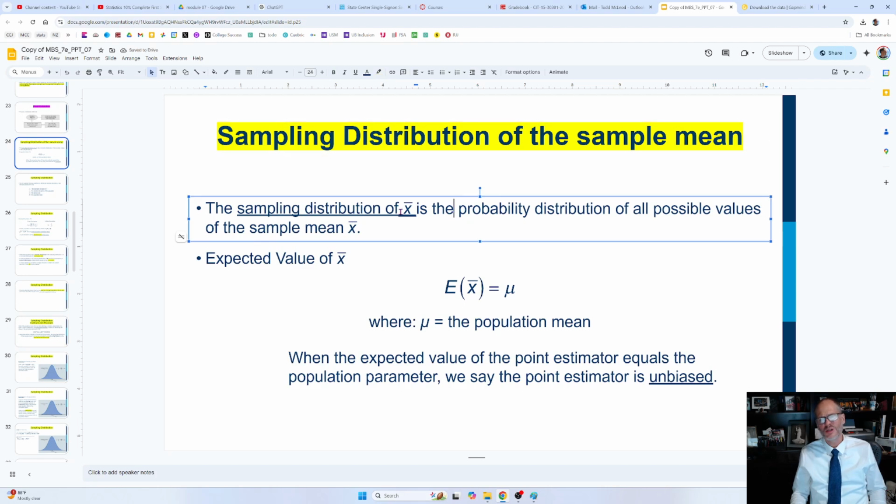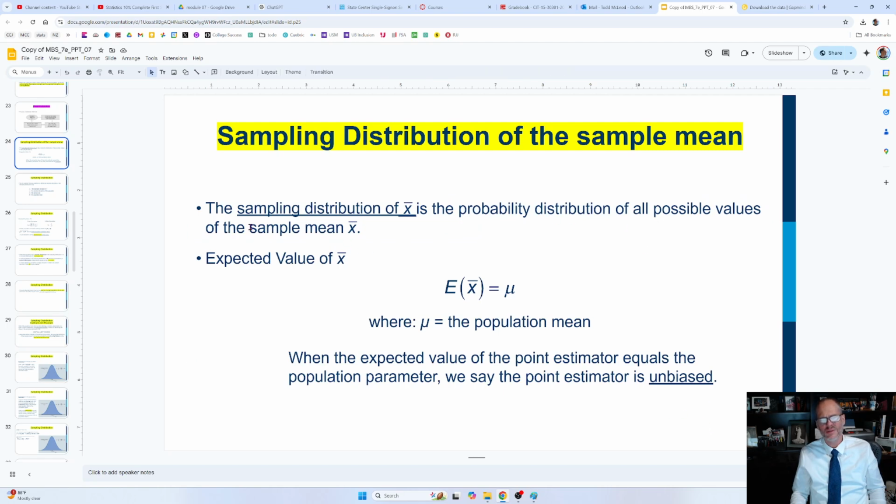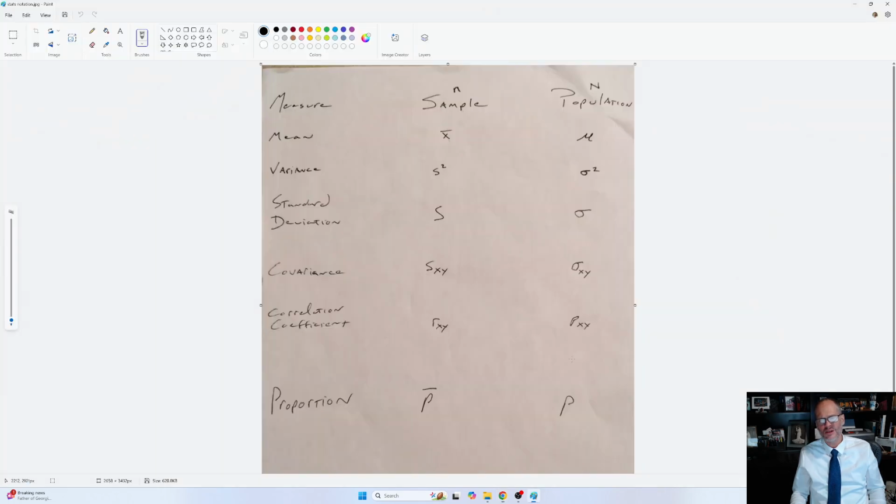The sampling distribution of the sample mean is the probability distribution, and it's going to be normally distributed if it's coming from data that's normally distributed. So it's the probability distribution of all possible values of the sample mean x bar. And the expected value of the sample mean should be the population mean, right? Again, just our notation here: sample mean, population mean.